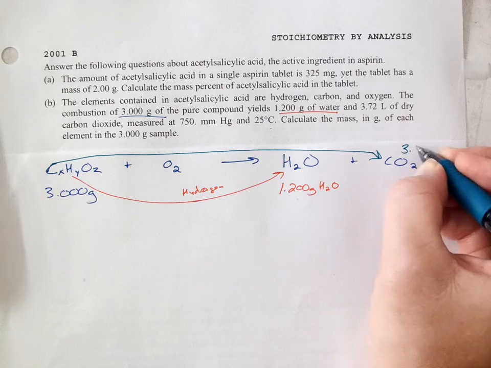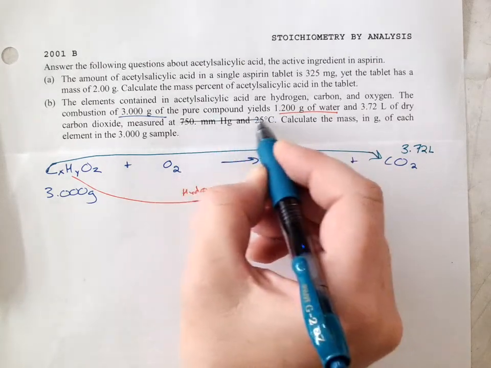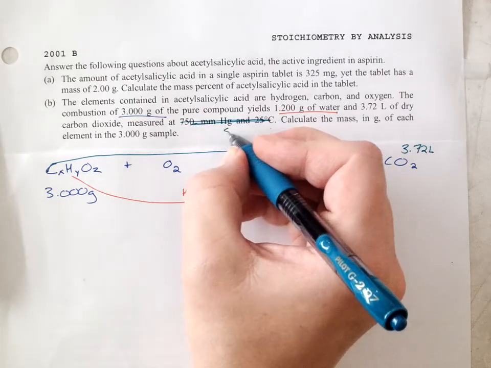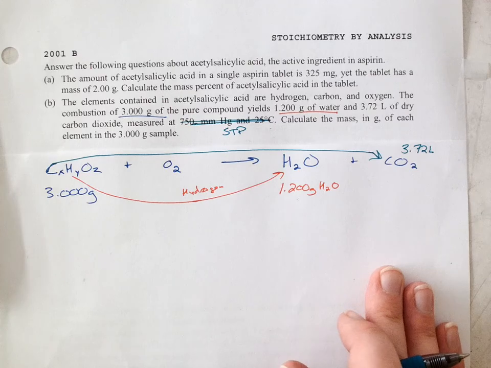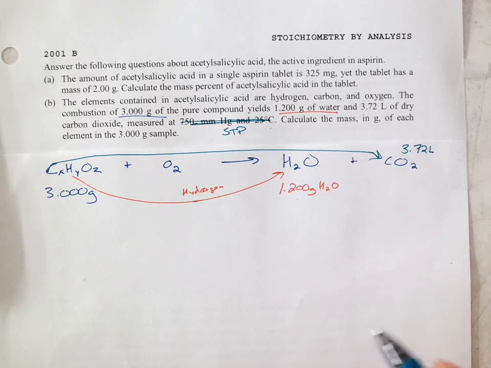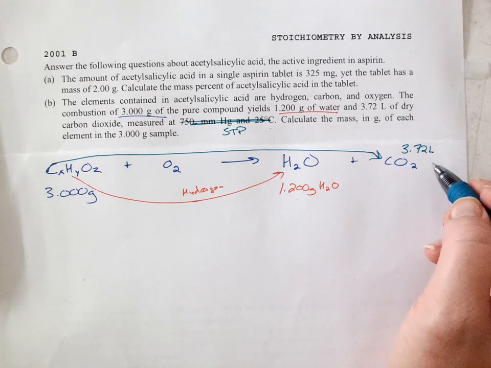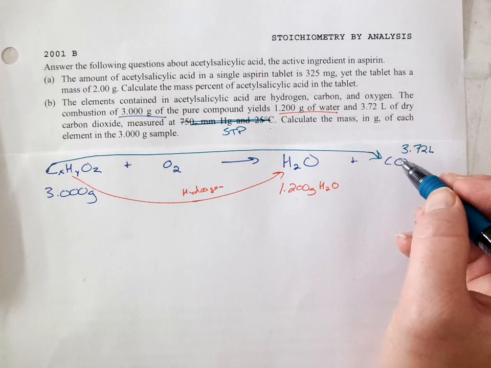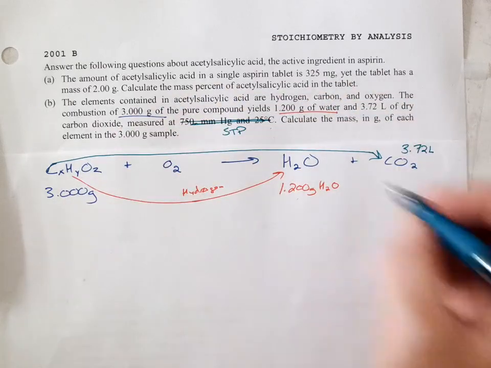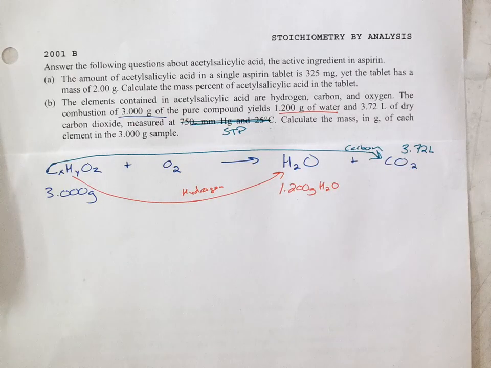They're telling me I have 3.72 liters of it, and I'm going to adjust this just a little bit. I'm going to say this is STP. It is so close that it's going to work out, and we're going to change that in class to STP. Okay, so can I use my fact about a mole of gas here to figure out moles of carbon, to figure out grams of carbon, and trace it back into there? Absolutely. So that's the path my carbon takes. That's the path the hydrogen takes.